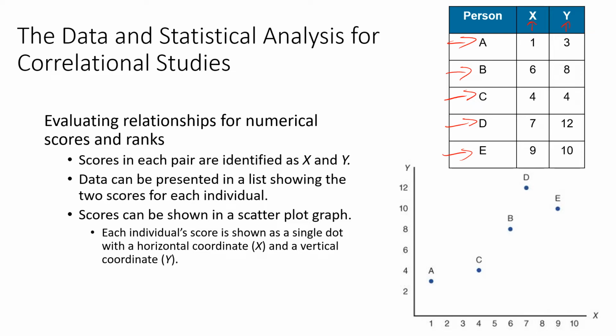You've got two different values, one on X and one on Y, and you can plot them out as you see in the scatter graph down here, where individual A had an X of 1 and a Y of 3. And you do that for all of them. What you don't see here, but you'll eventually get, is a regression line. That's the line of best fit that goes through them.